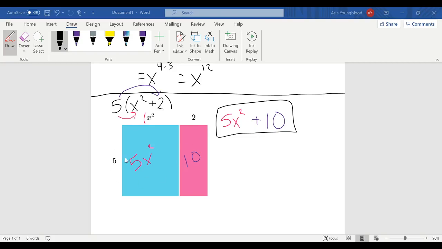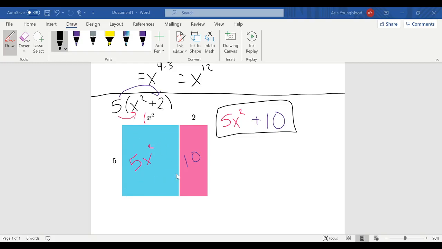So here we just solved our first problem. We were showing how to multiply 5 times x squared plus 2. Because 5 is by itself, it's by itself right here. Because x squared and 2 are grouped together, they have to be on the same side of the rectangle. And to show the multiplication, we are looking at the area of the rectangle. Because we know to find the area of a rectangle, you multiply the sides by each other to get the area.